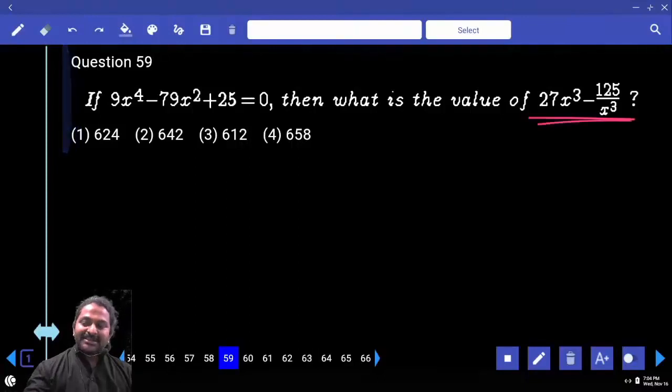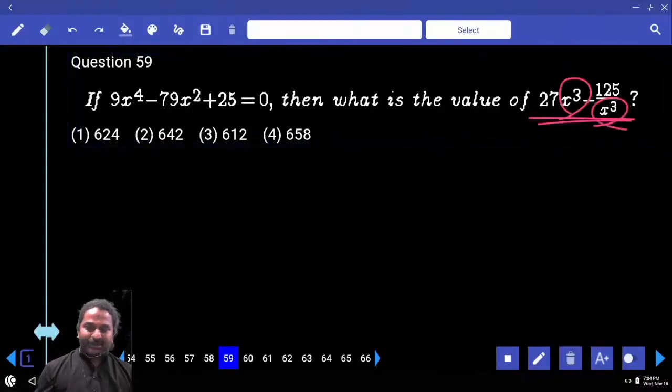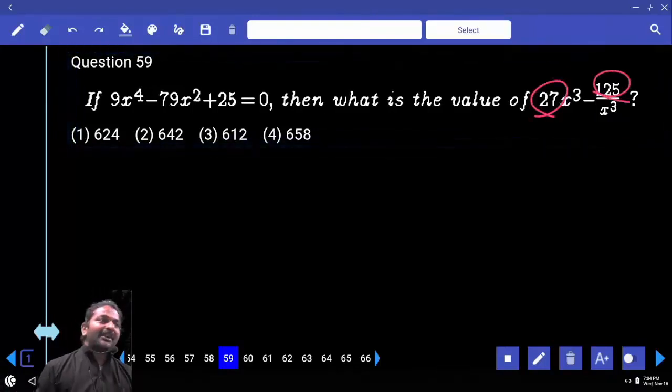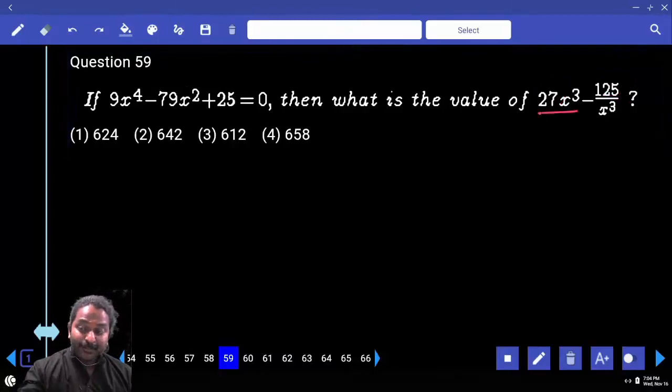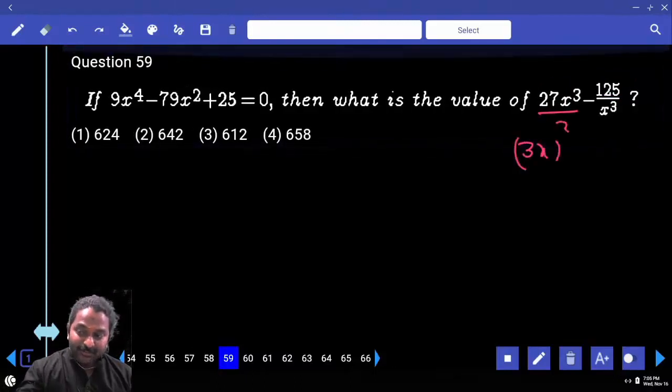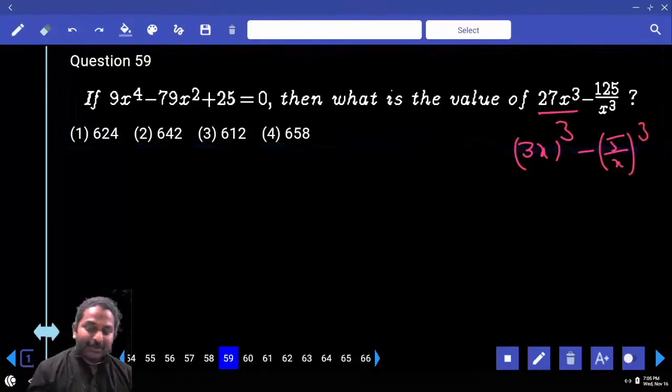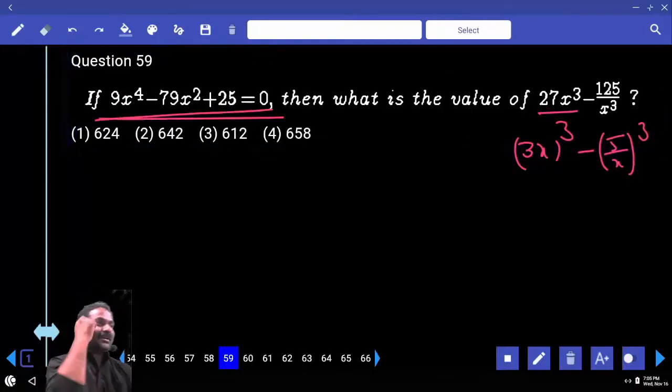When you look at this, x cube and denominator x cube values are there. When you look at these numbers, 27 and 125, they can be written as cube values. 27, which cube? 3x whole cube. Next, minus 5 by x whole cube. So in our original number also, I need to find 3 powers and 5 powers.